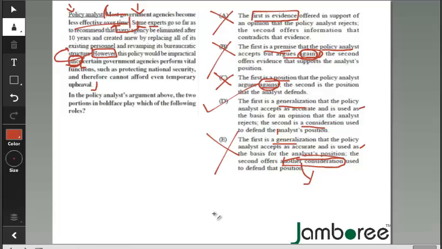But more than that, again as I said, defend that position. What is the analyst's position? So between the second portions of these two, the only difference is your 'another' part.